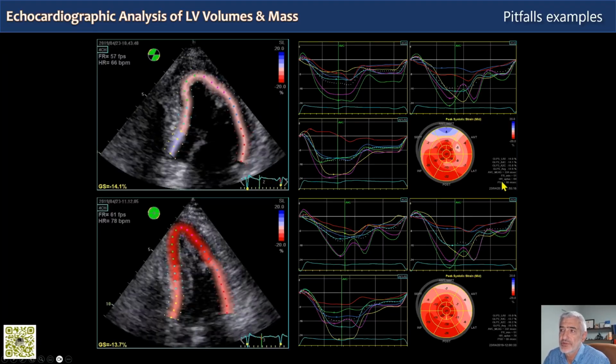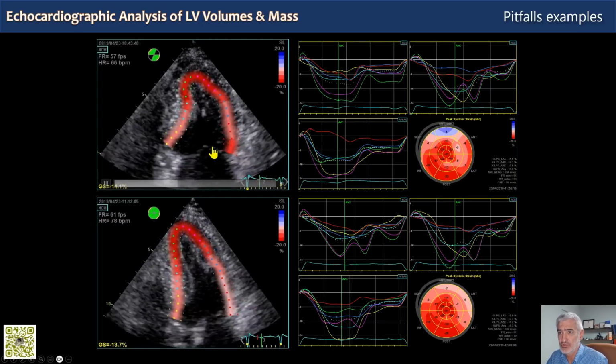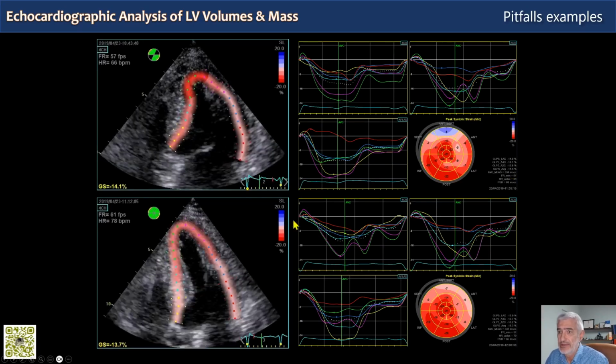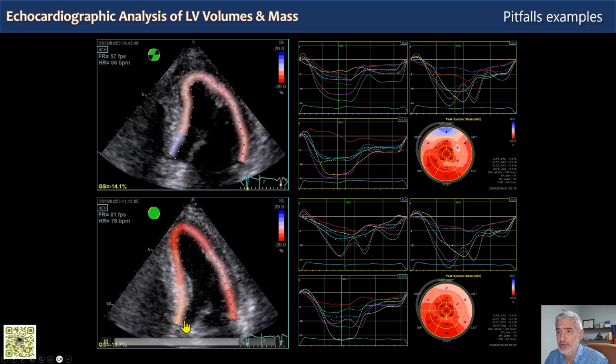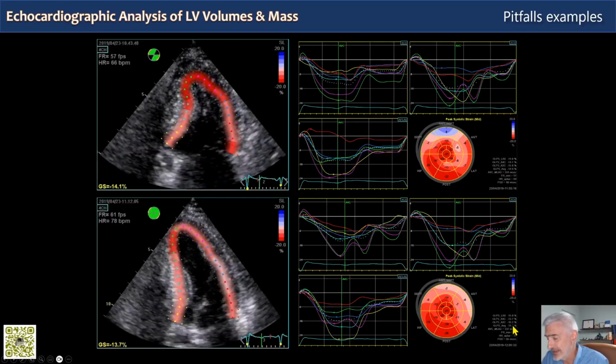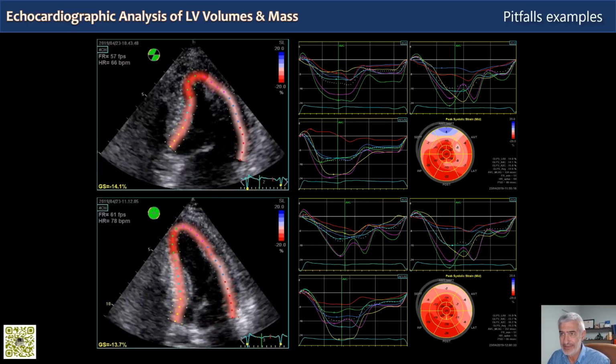Global strain in the incorrect geometry, the foreshortening that you see here, is minus 14.6%, whereas global longitudinal strain of the correct geometry from the same patient is minus 15.3. So that does not make a clinically significant difference.